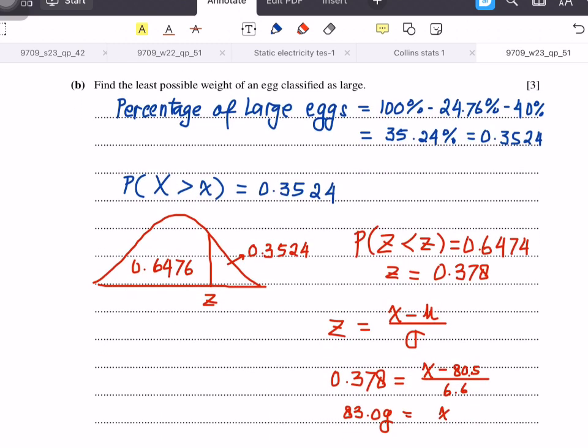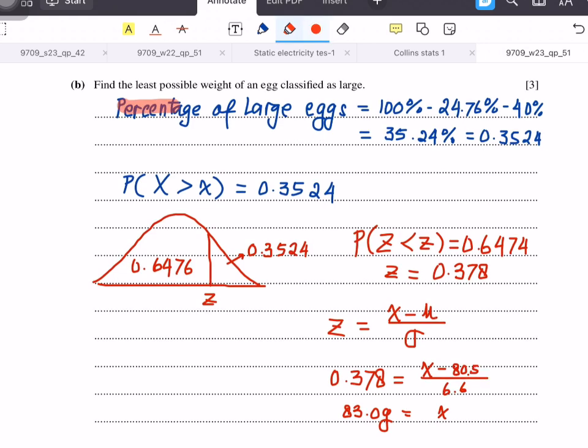Part B. Find the least possible weight of an egg classified as large. So first we need to find the percentage of large eggs. It's 100% minus 24.76% minus 40%.